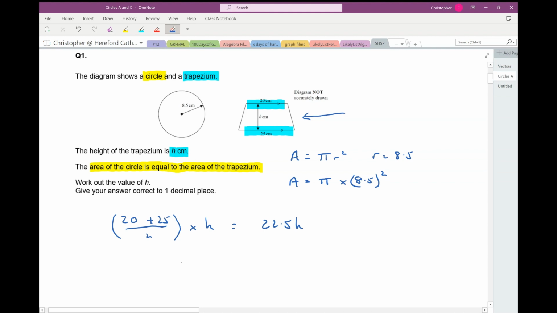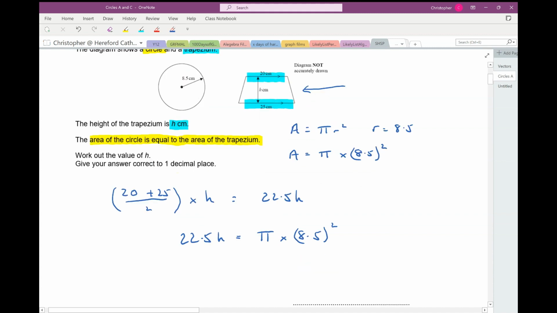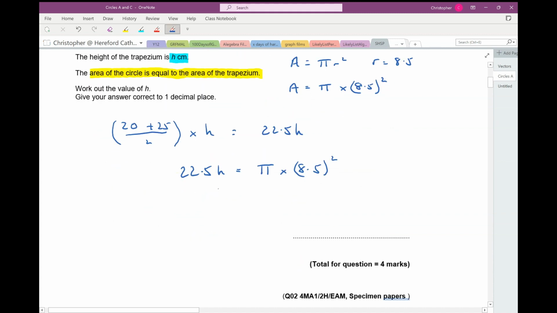And I know that the area of the trapezium, 22.5h, is equal to the area of the circle. So I can write this equation here, and now I just need to divide both sides by 22.5 to find h.